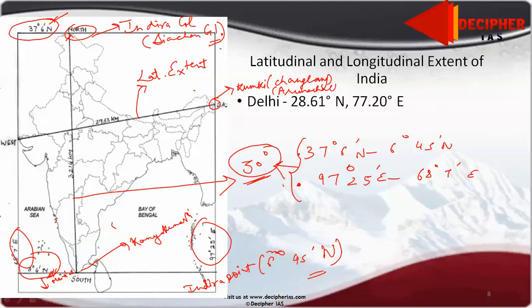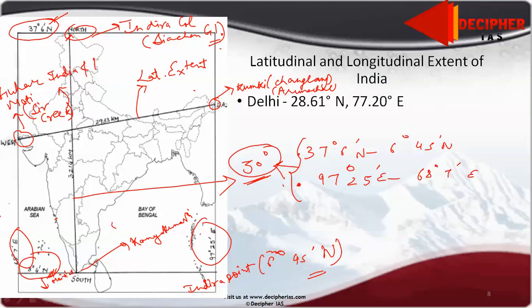In the west, are you able to see? In the west, it is Guhar Moti. It is in the Kutch region, Rann of Kutch. You have heard about it. It is near Sir Creek. Sir Creek is the disputed area between India and Pakistan.